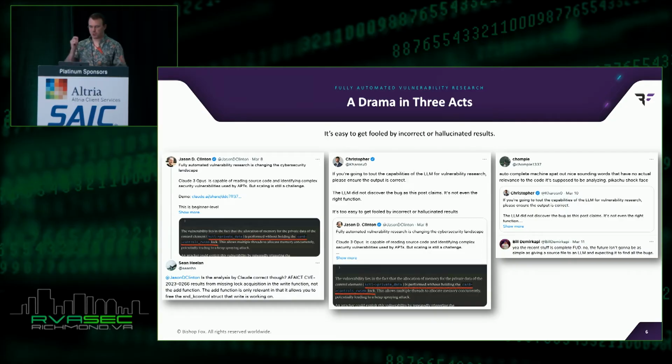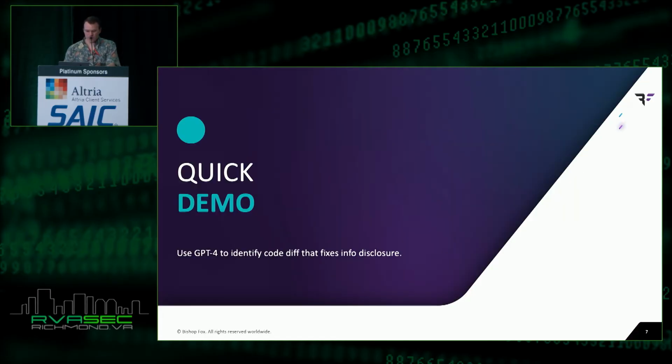And it was swiftly met with some criticism saying, hey, this vulnerability was just hallucinated. This is not really the vuln, and large language models aren't going to be finding vulns anytime soon, which is a very understandable position.